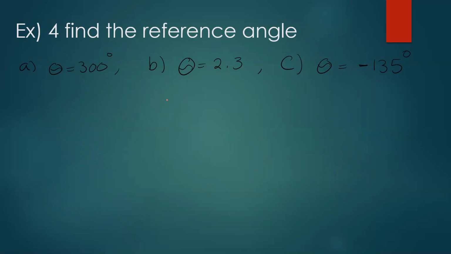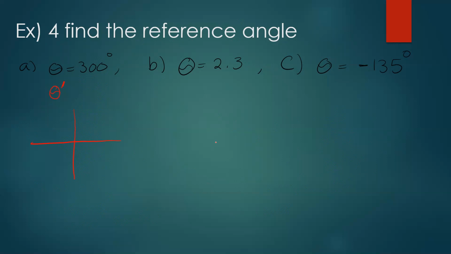Find the reference angle. So they give us theta, and then we have to find the reference angle. If you're curious, the reference angle can be abbreviated as theta with a prime. So let's do A. What I always do first is draw where it is on the unit circle. 300 degrees, what quadrant are we in?